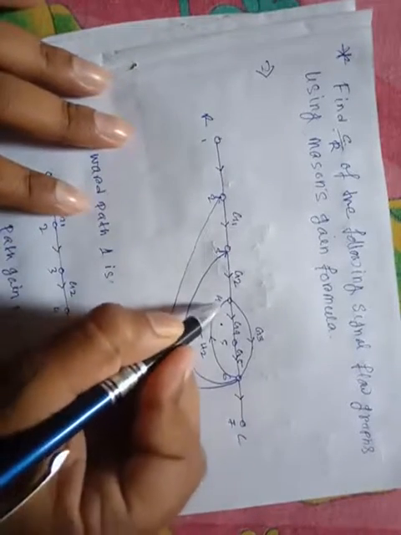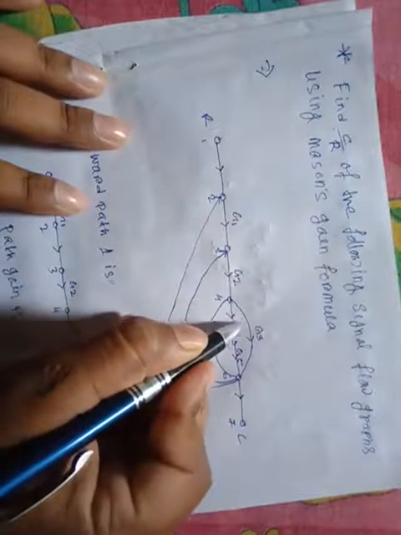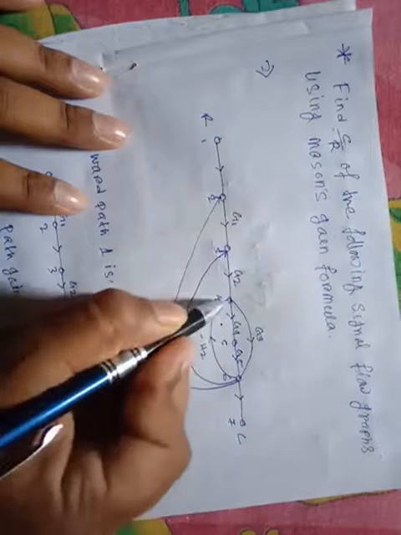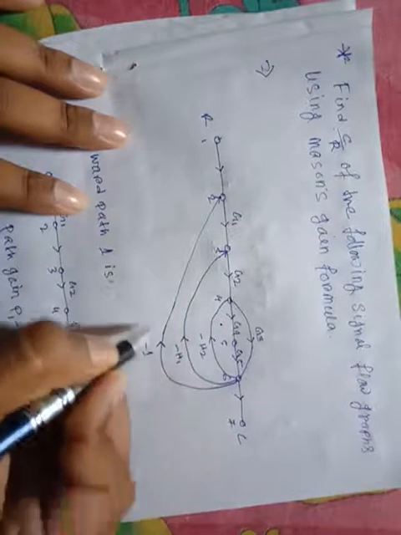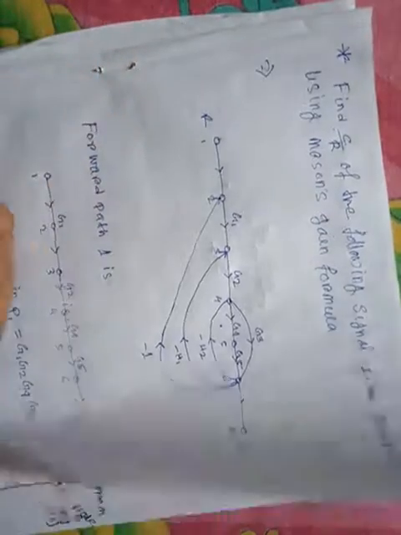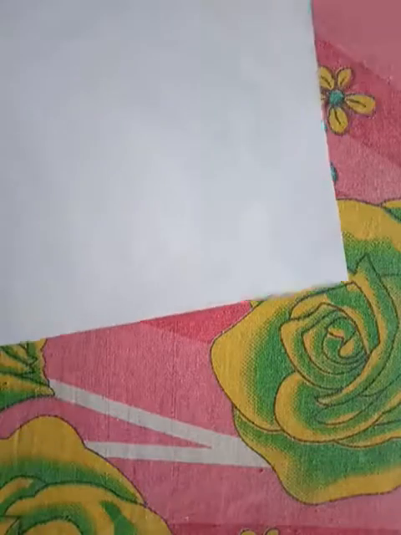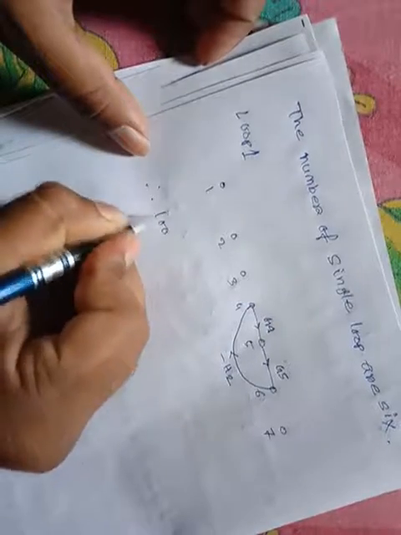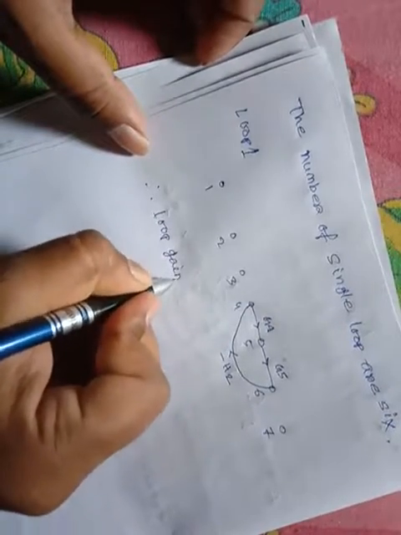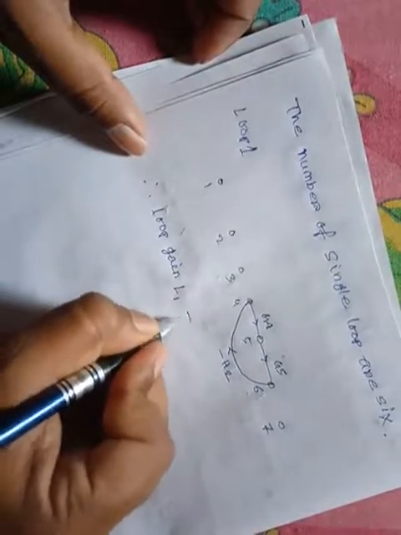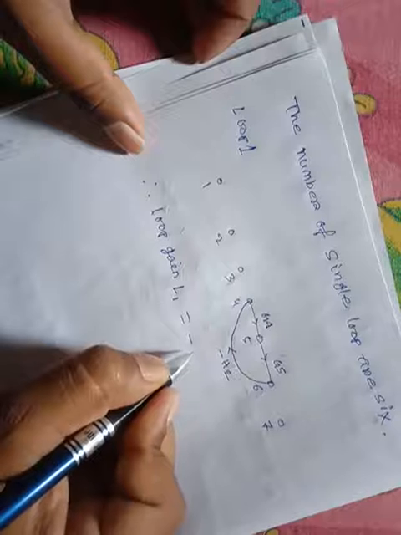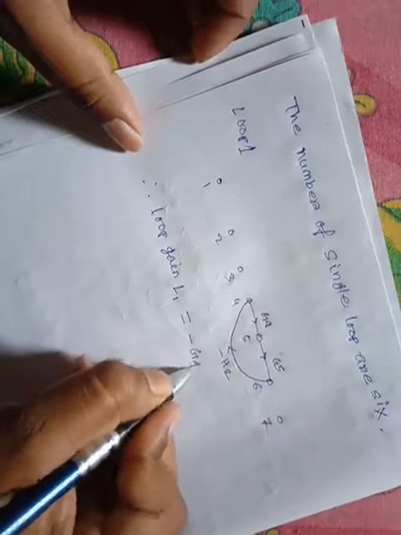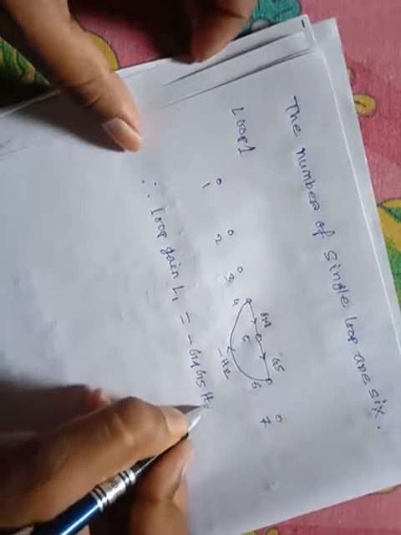Therefore the loop gain L1 is equal to minus G4 G5 H2.